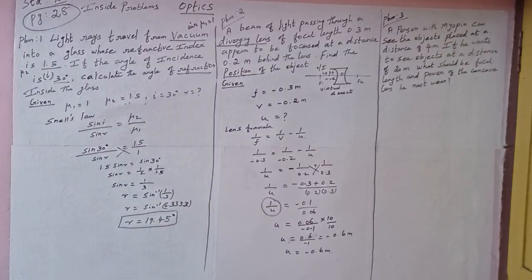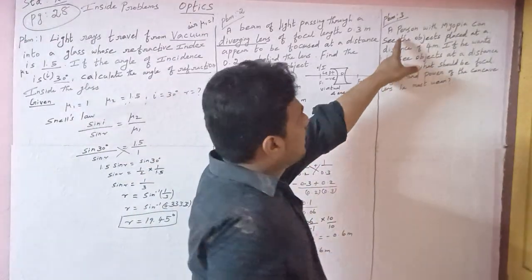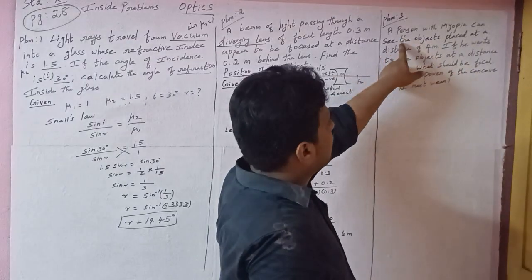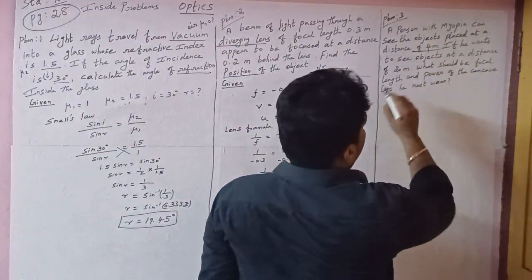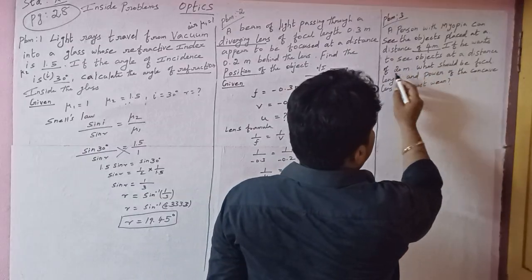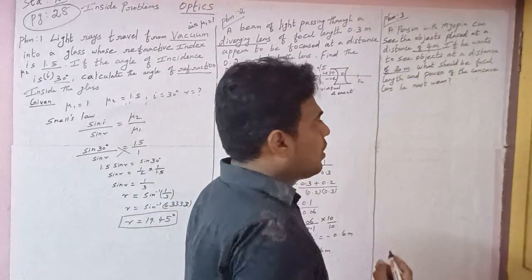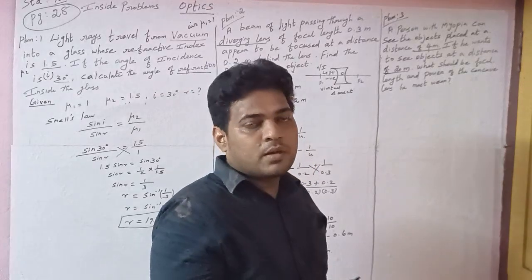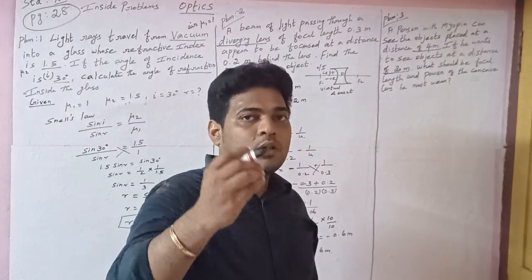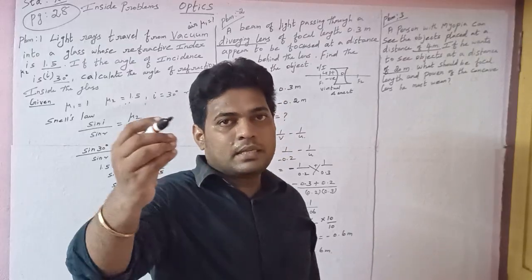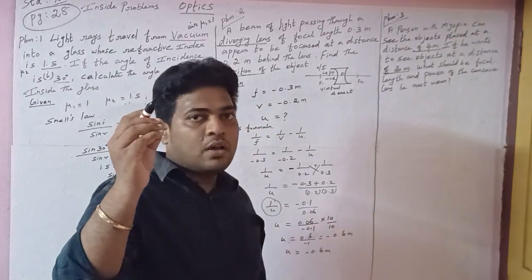Okay, minus 0.6 meter. Okay, next, pay attention. Third problem: a person with myopia can see the object placed at a distance of 4 meter. If he wants to see the object at a distance of 20 meter. We already know myopia: that person can see the nearest distance of the object but cannot see the farthest distance.